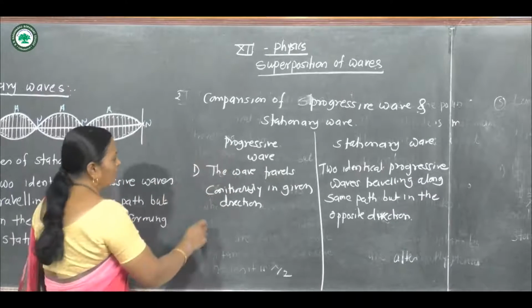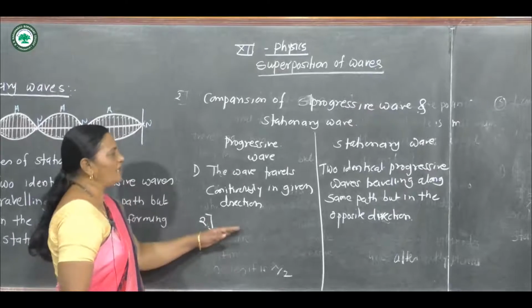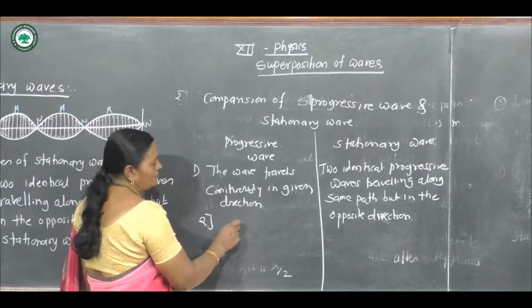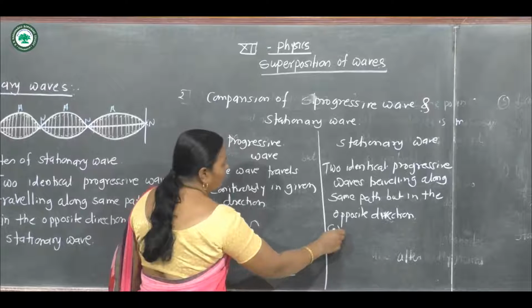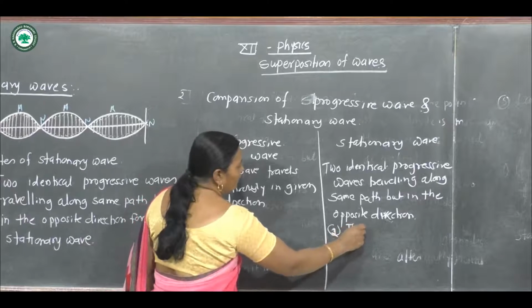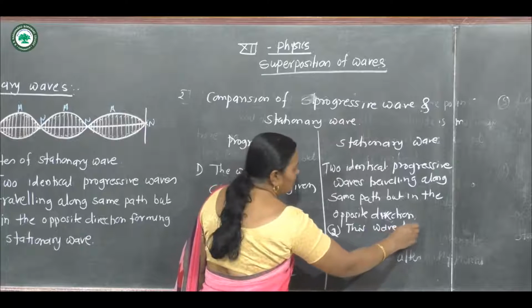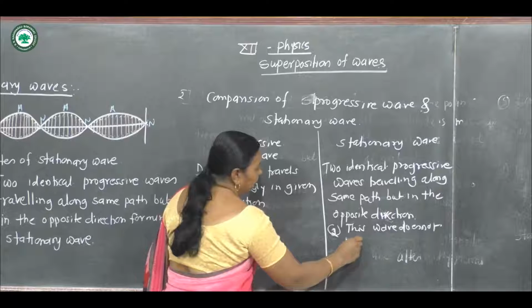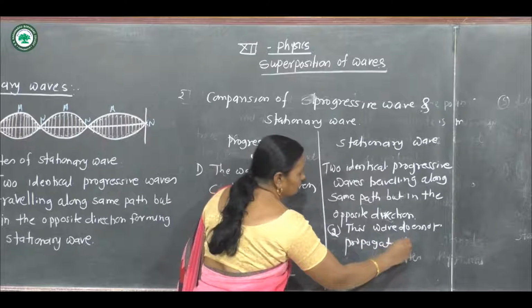The progressive wave is an oscillatory disturbance traveling through the medium. The stationary wave does not propagate through the medium.